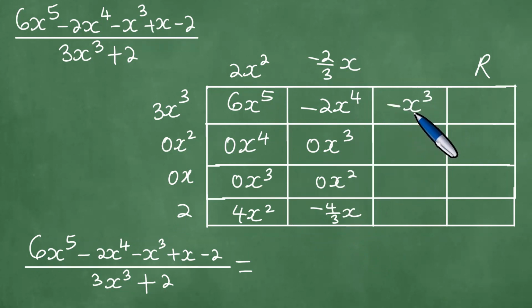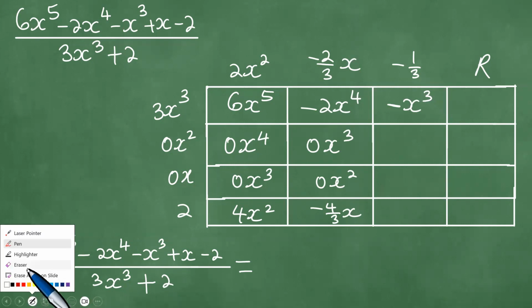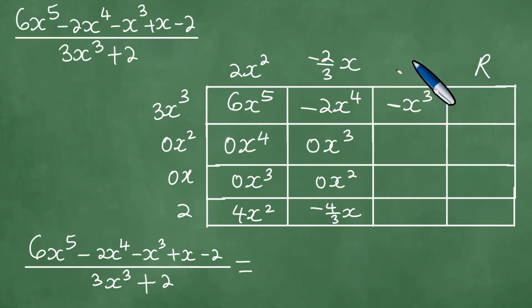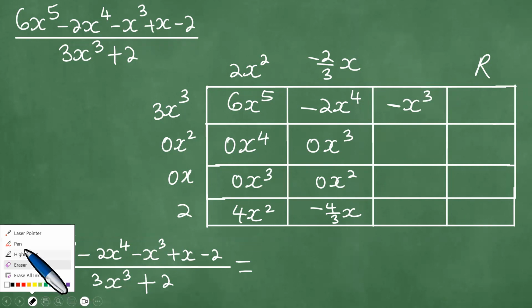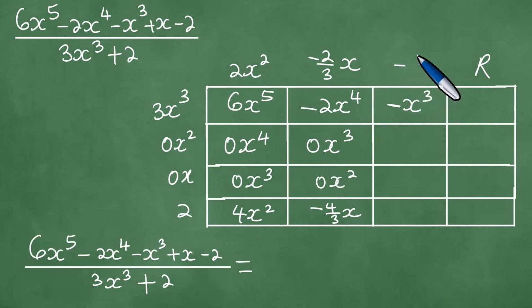So if this is minus x cubed, we need to divide minus x cubed by 3x cubed. We have minus 1 over 3, just that way, minus 1/3.